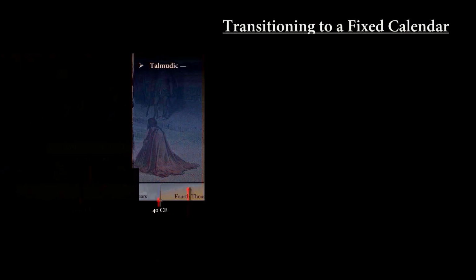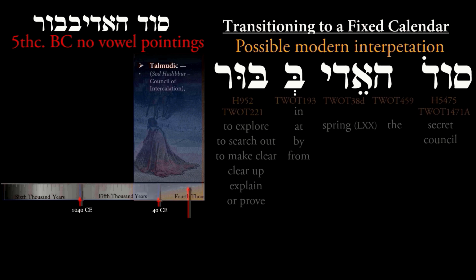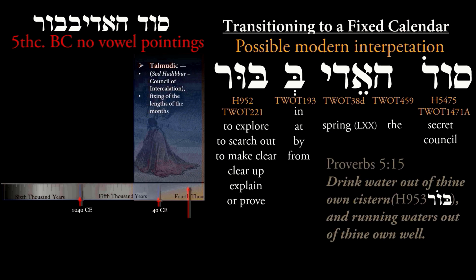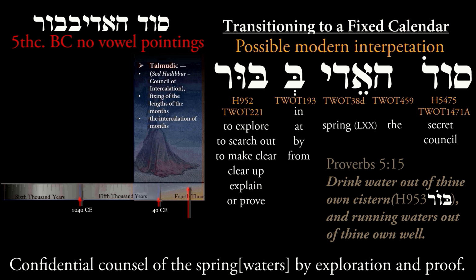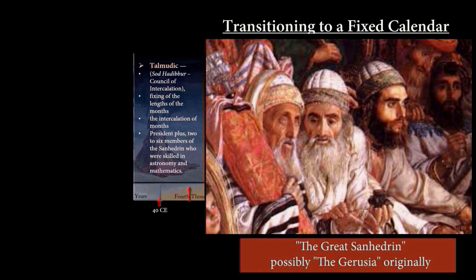The Talmudic period founded a confidential council known as Sod Ha-Ibbur to make their calendar clear by searching out the matter, and then the fixing of the lengths of the months and the intercalation of months was the prerogative of a council consisting of the president plus 2 to 6 members of the Sanhedrin who were skilled in astronomy and mathematics.